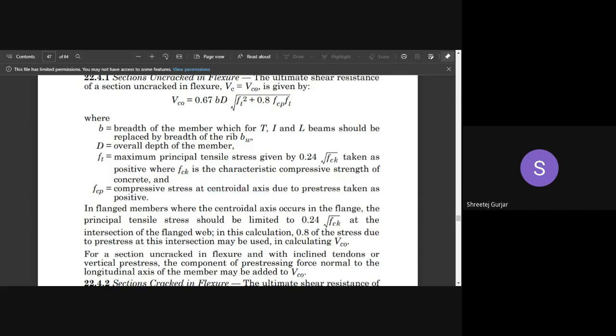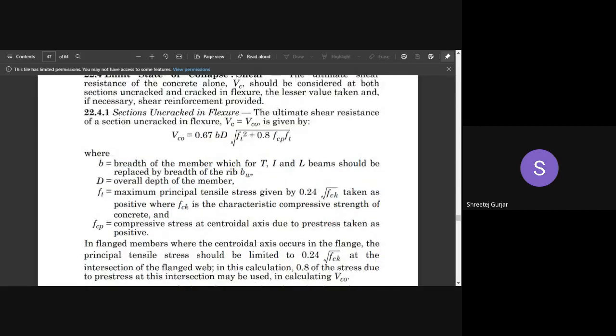Whatever the magnitude is, we consider the value, not the sign. Now in this equation we know all the terms, so we can easily calculate the ultimate shear resistance of a section uncracked in flexure.